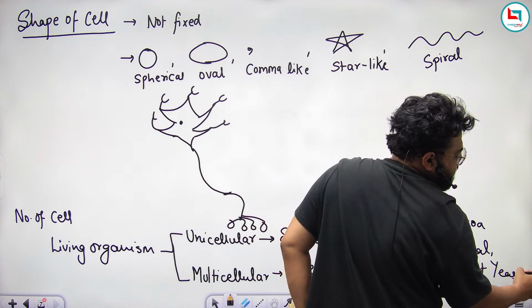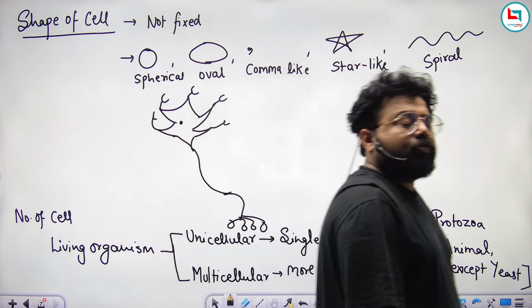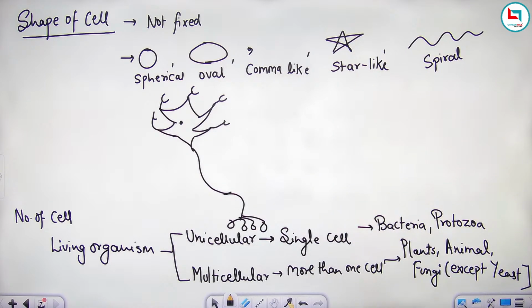The yeast which is used in our homes to make cake, jalebis, dosa, and also used in bakery industries as well as in alcohol industries, these yeasts are unicellular organisms. All fungi are multicellular except yeast. Is that clear? Is that clear to everyone?